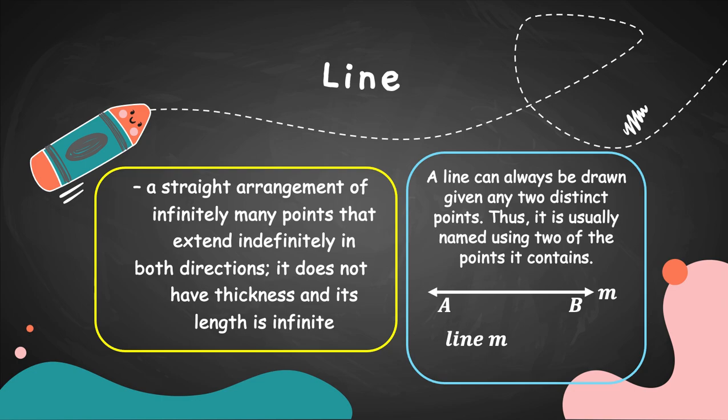So we can name this one as line AB. It is also the same as line BA because again, it consists of infinitely many points, but we can just name two of these points and use it as the name of the line.